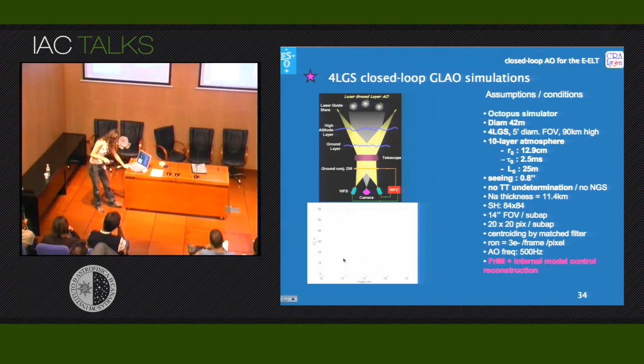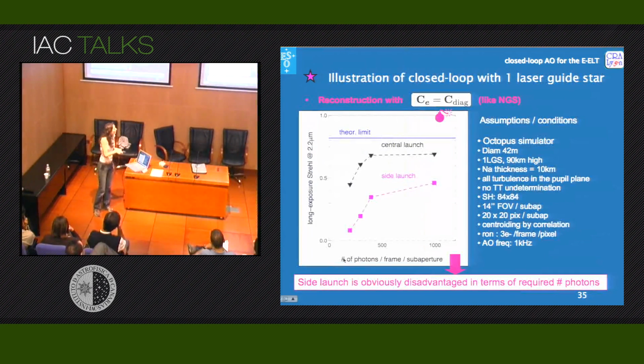So it's a big disadvantage of side launching, and it's why the Americans, for the TMT, the 30-meter telescope, at the beginning decided to use central launch and to develop even radial detectors to be able to sample the elongated spot quite well.